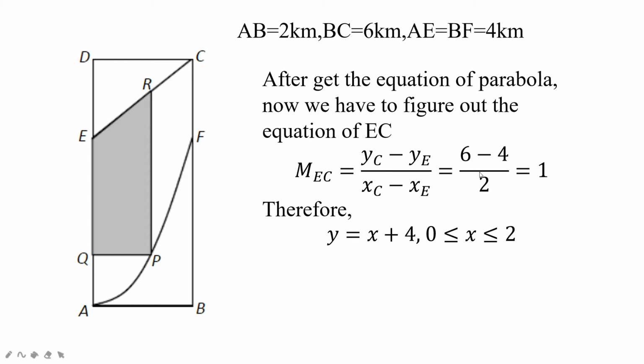After that, we get that the gradient of straight line EC equals 1. So we easily get the equation of the straight line, which is y equals x plus 4, and the domain is the same as the domain of the parabola, which is 0 to 2.